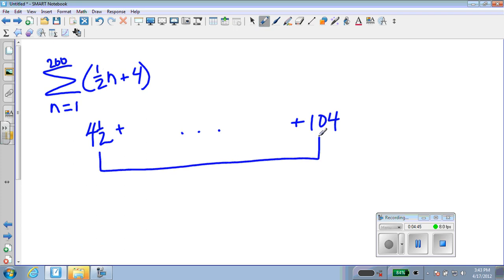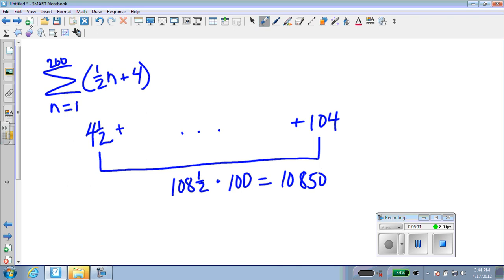That sum that I'm going to get is 108.5. And if I have 200 terms, then I will have 100 pairs, and that makes 10,850.